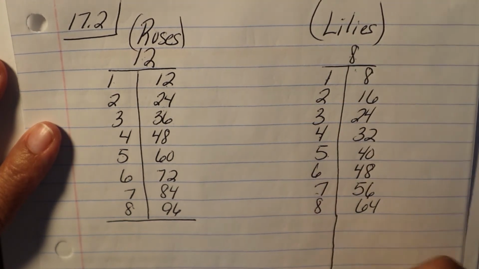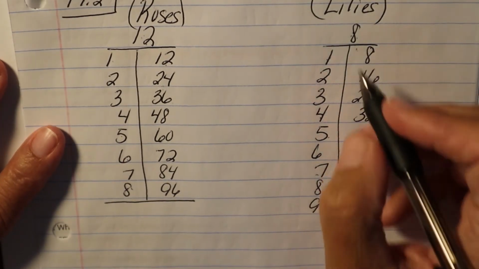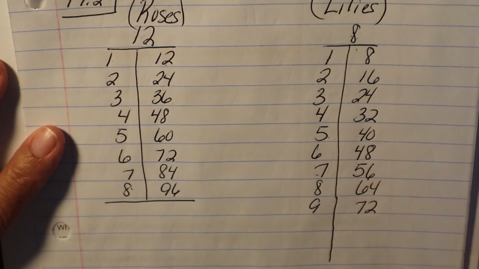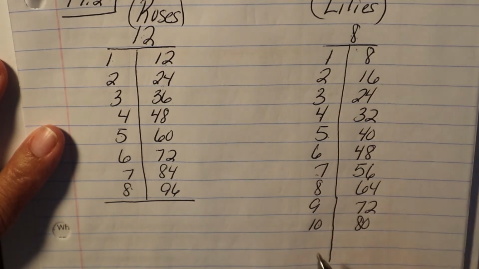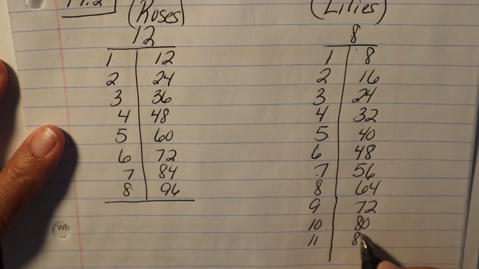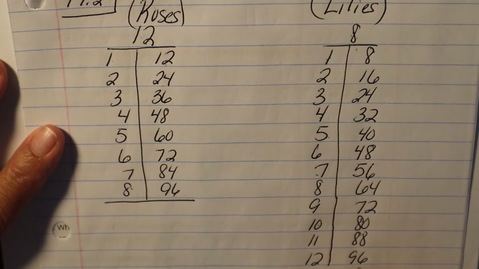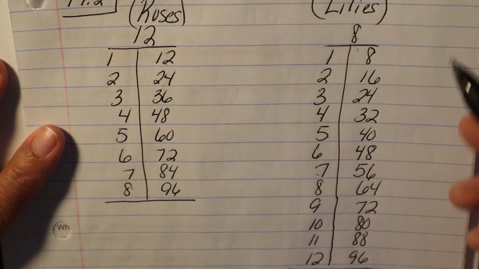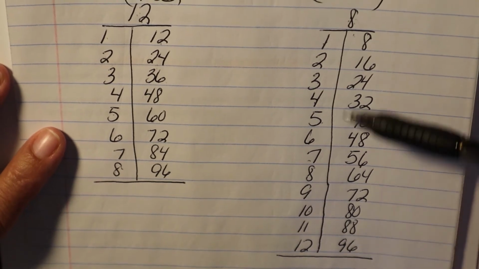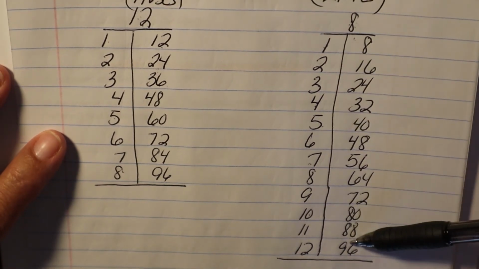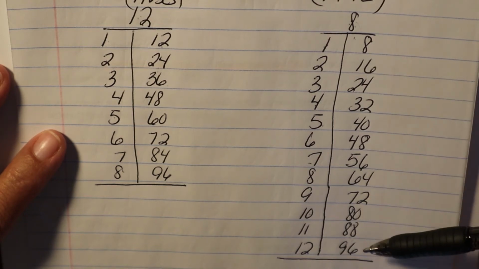And I'm going to keep going because I can go as close to 100 as I can get. 9 times 8 is 72. 10 times 8 is 80. 11 bunches, I have 88 lilies, and if I have 12 bunches, I have 96. So definitely going to stop there. You can see that I can have a lot more bunches of lilies because I only get 8 in a bunch. All right, so that is part 1 of the problem.